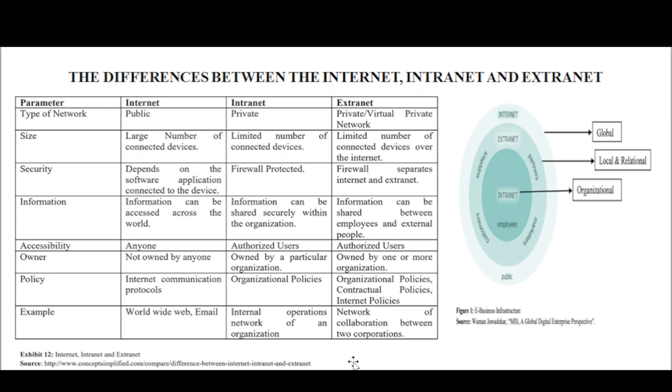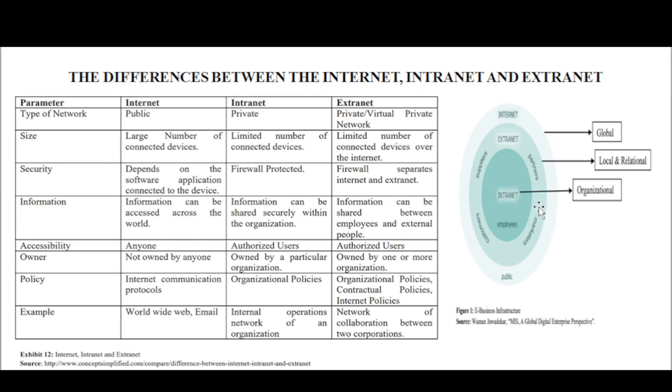Then examples. For the internet, for example, world wide web, email. Then intranet is the internal operational network of an organization. Then extranet is a collaborative network between two corporations.